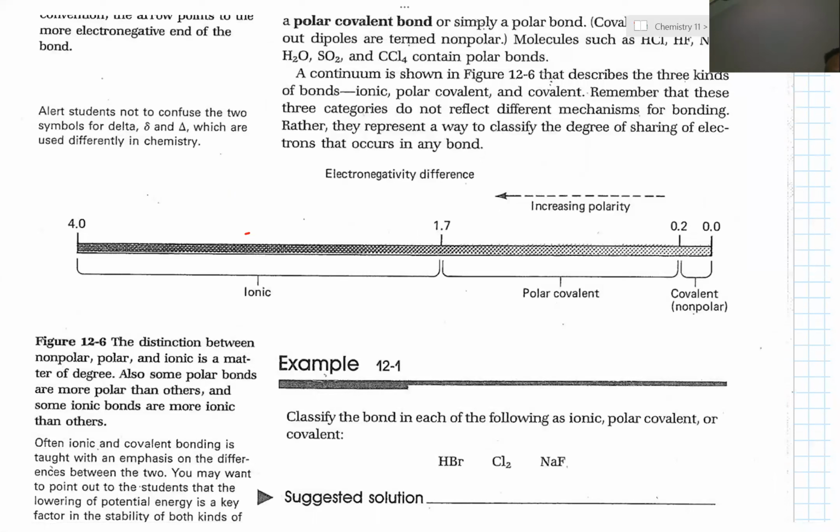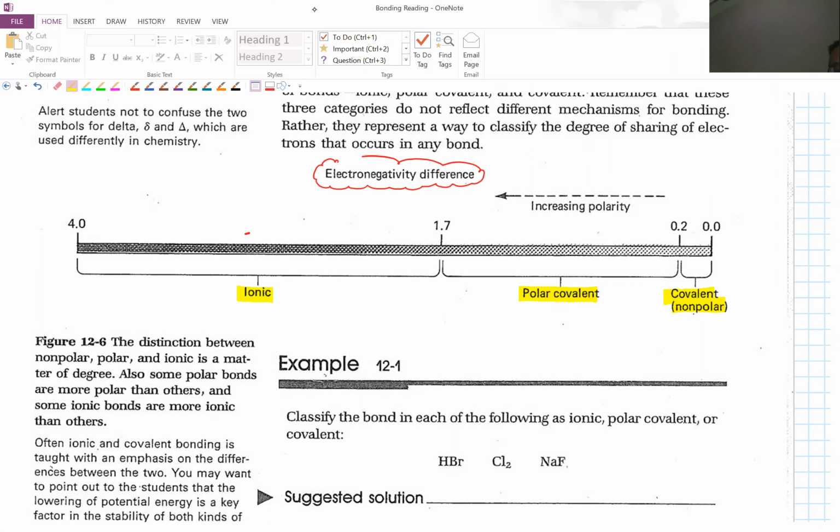Depending on the electronegativity difference, it will fall under the category of either ionic, polar covalent, or non-polar covalent. So what do I mean by this? Let me give you an example here, and then that will be it for today.